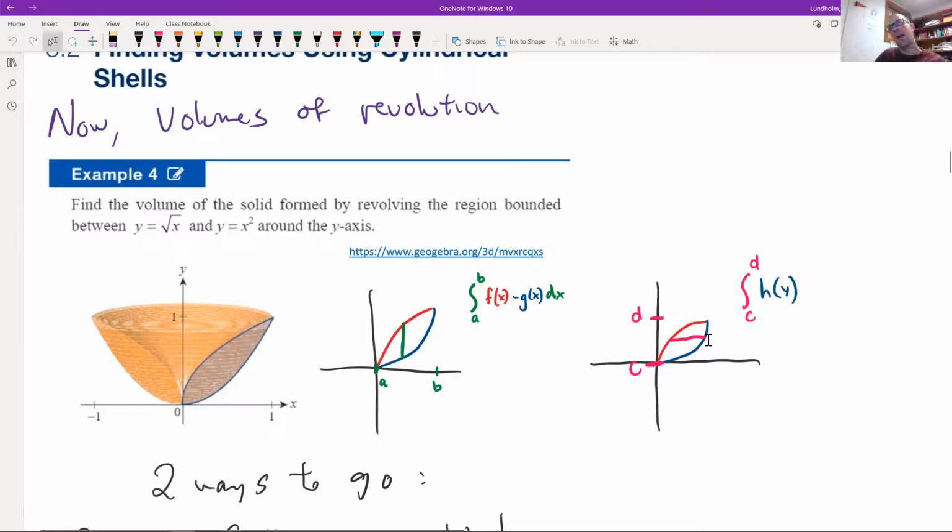That's kind of like our top function since it's further away from the y-axis. And the red function is like our bottom function since it's closer to the y-axis. So h of y minus, what letter? W of y, we'll call that function w, and this would be dy.